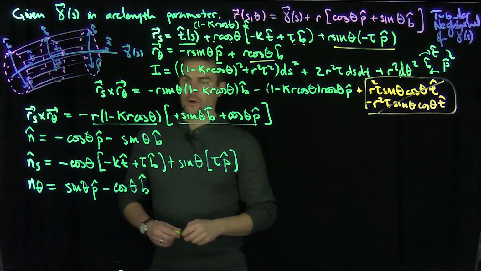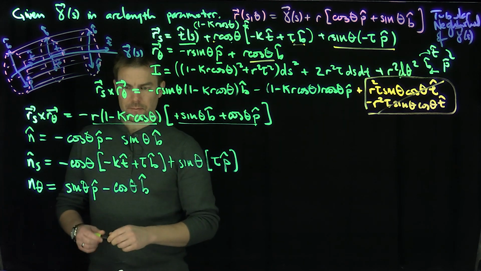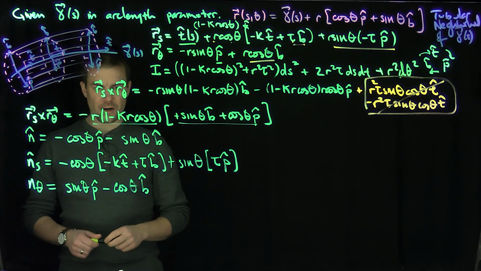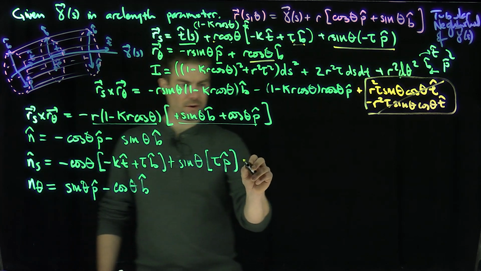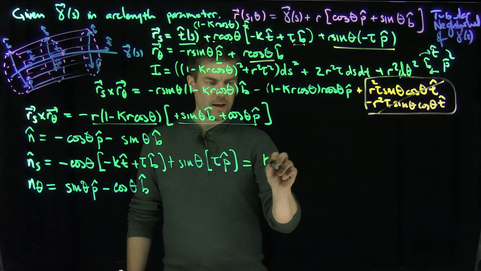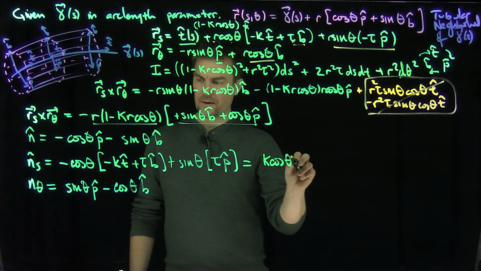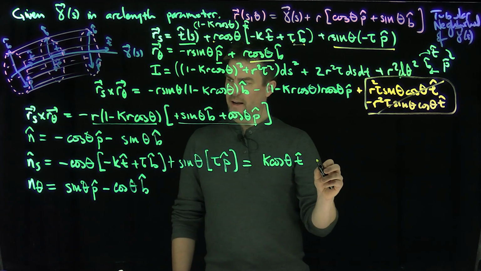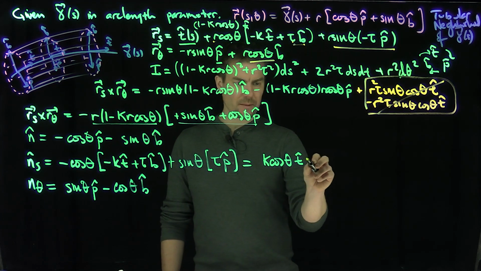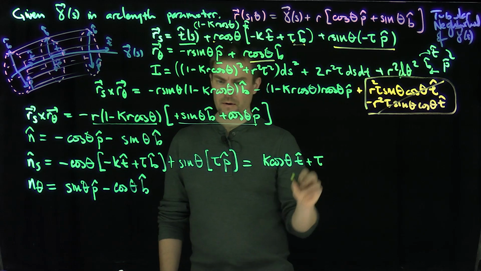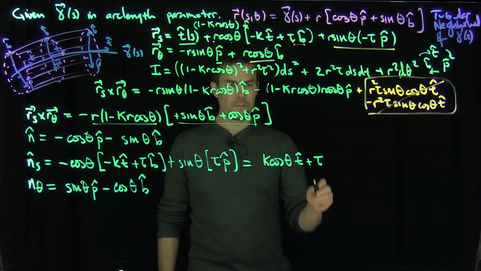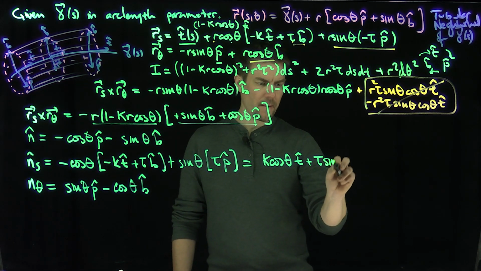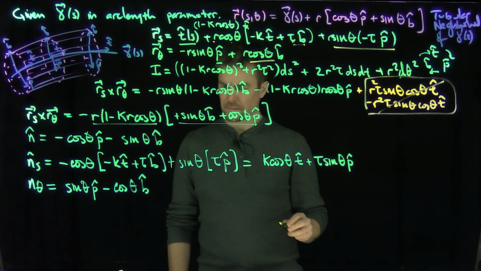Excellent. So let me rewrite this in a little bit of a nicer way. So what do we have over here? So let's do this carefully. So this term over here is going to be exactly what? It's going to be kappa cosine theta t hat. And then the p hat is going to be plus tau sine theta p hat.